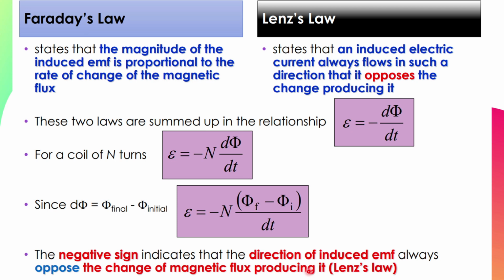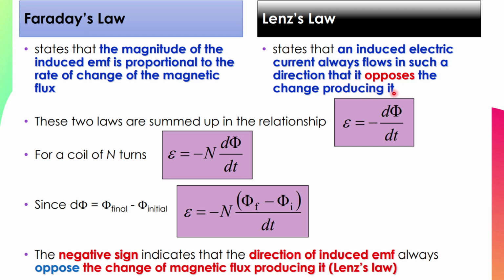Kita akan tengok sekejap lagi macam mana kita nak apply Lenz's law in order to determine the direction of the induced current. So here we have Lenz's law. The Lenz's law states that an induced electric current always flows in such a direction that it opposes the change producing it.